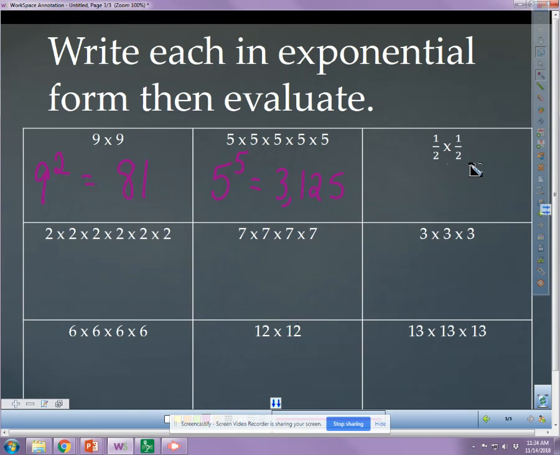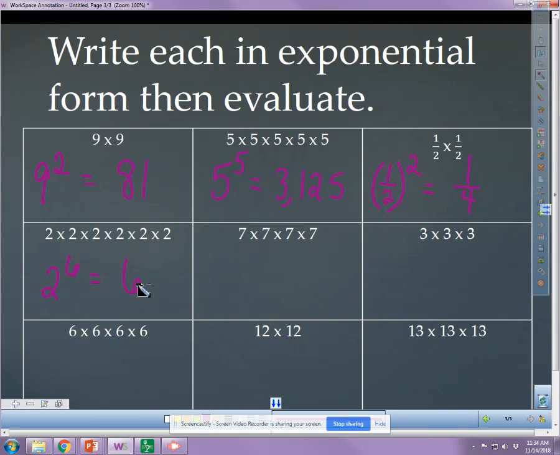Now, when we have fractions, we have to use parentheses. So 1/2 would be in parentheses squared, because we don't want it to look like the exponent only goes with the top number. And 1/2 times 1/2 is 1/4. Number 4 here would be 2 to the 6th power because there's 6 of them.